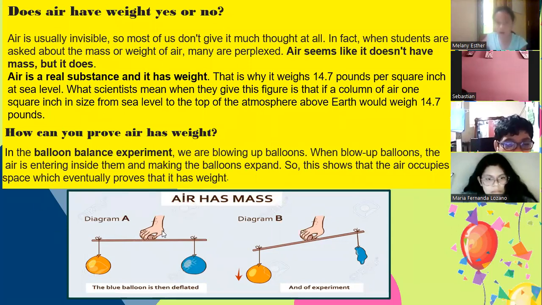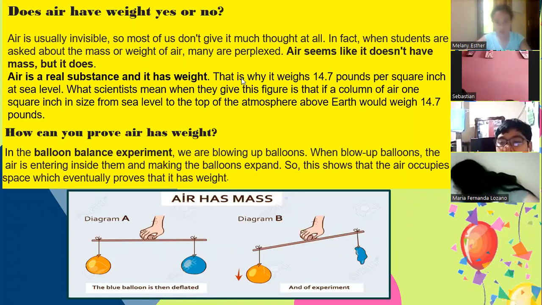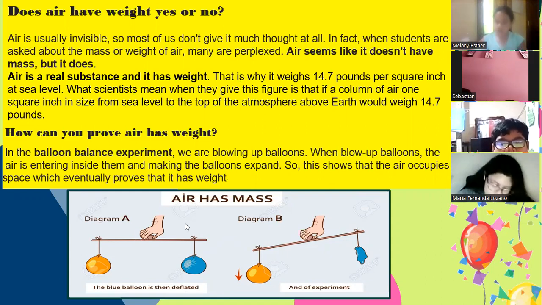This one, the box, you are going to copy everything. Air has mass, diagram A, you draw the 2 balloons. The blue balloon is then deflated. No, you don't have to copy the information in the yellow part, just the information inside the box, and the drawings of diagram A and diagram B.